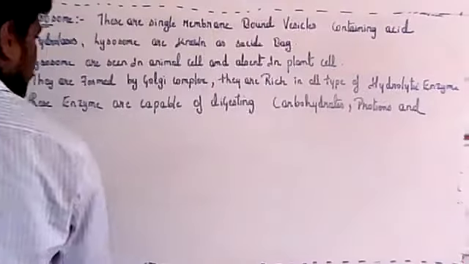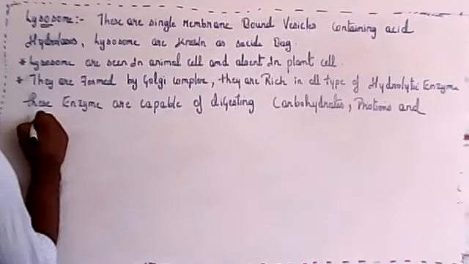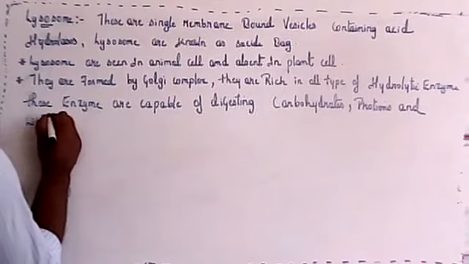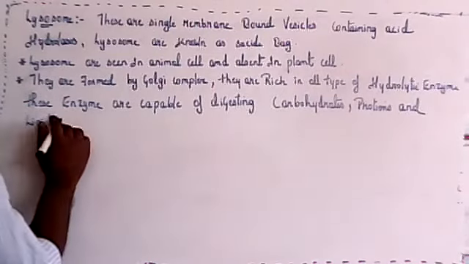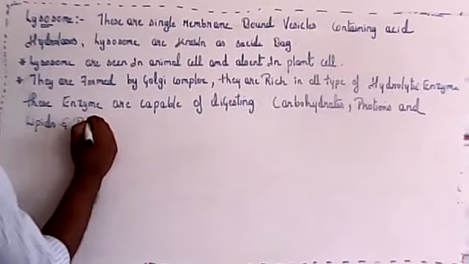So they have the capacity to digest all these three molecules, carbohydrates, proteins and lipids, and also DNA.